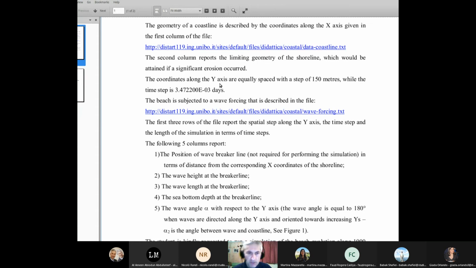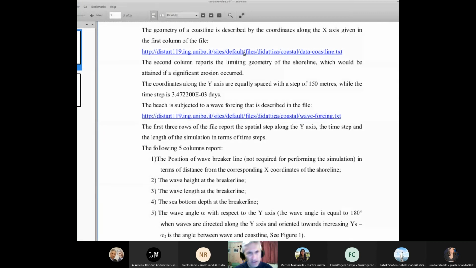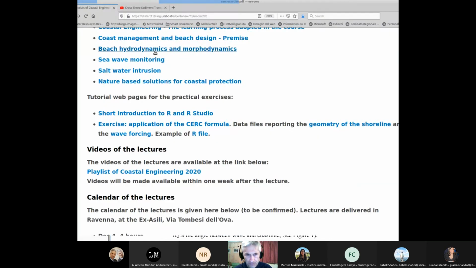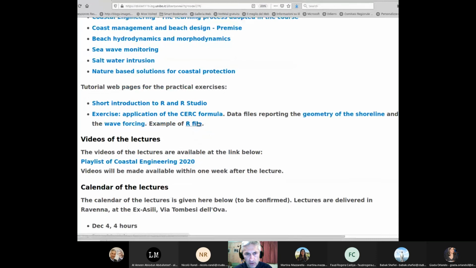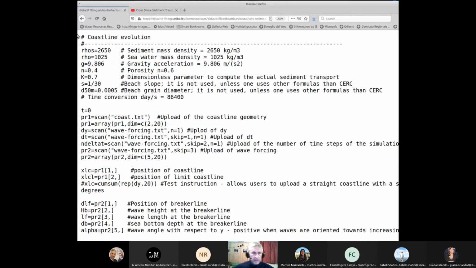Okay, so we may need to open these links. I'm not really sure, but I think yes, to also cut and paste the data. But let's start with the file. So I go back to the example file. Very good. And now we are ready to put these instructions into R. An R file is a set of R instructions to be executed in R. A list of instructions is already a program.